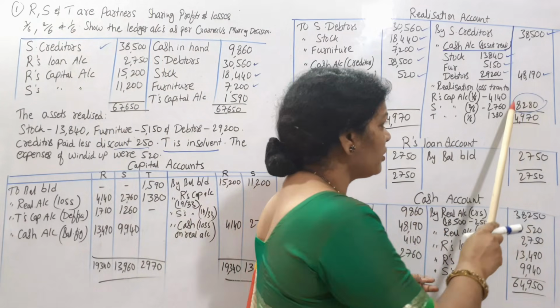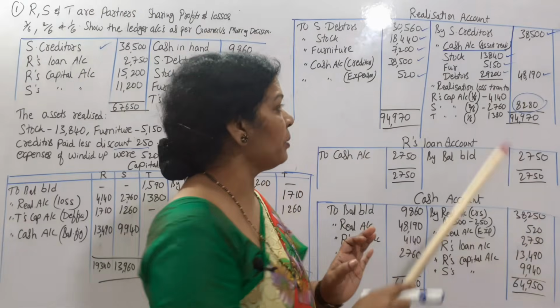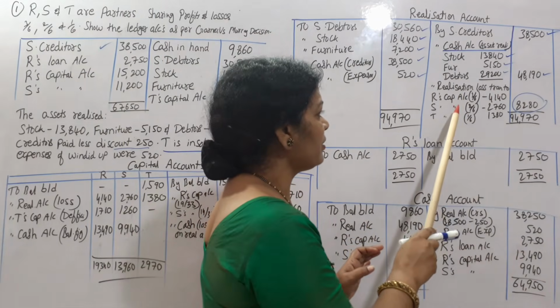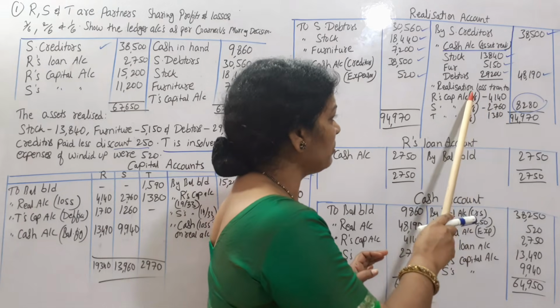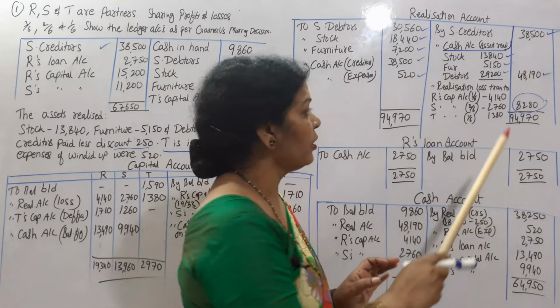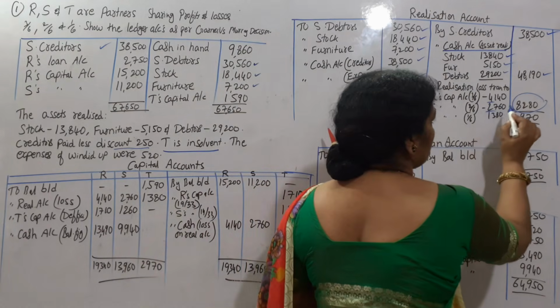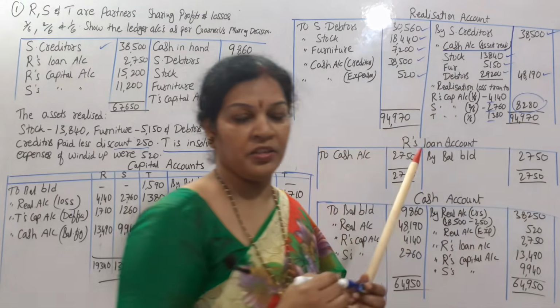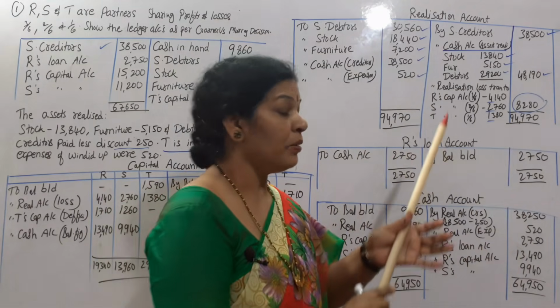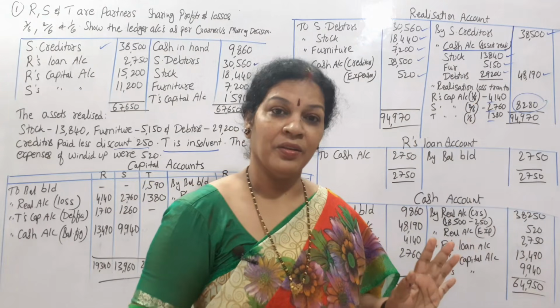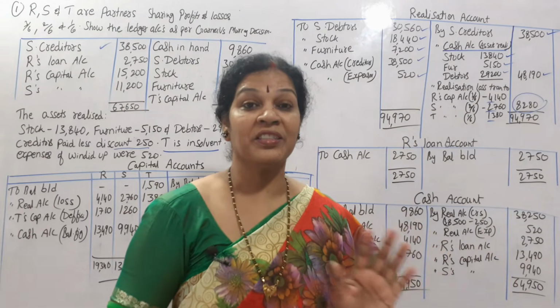So this 8,280 is divided to the partners R, S, T in the ratio of 3/6, 2/6, 1/6. So they are getting 4,140, 2,760, 1,380.